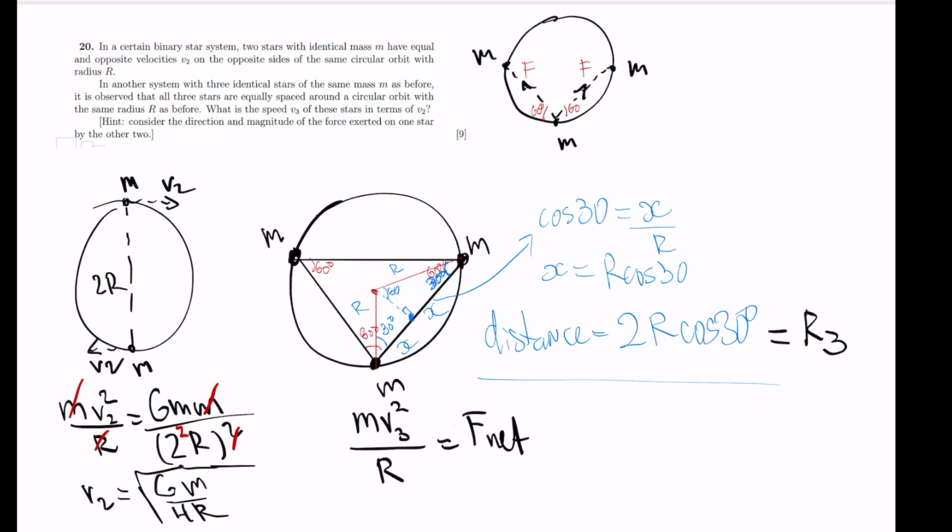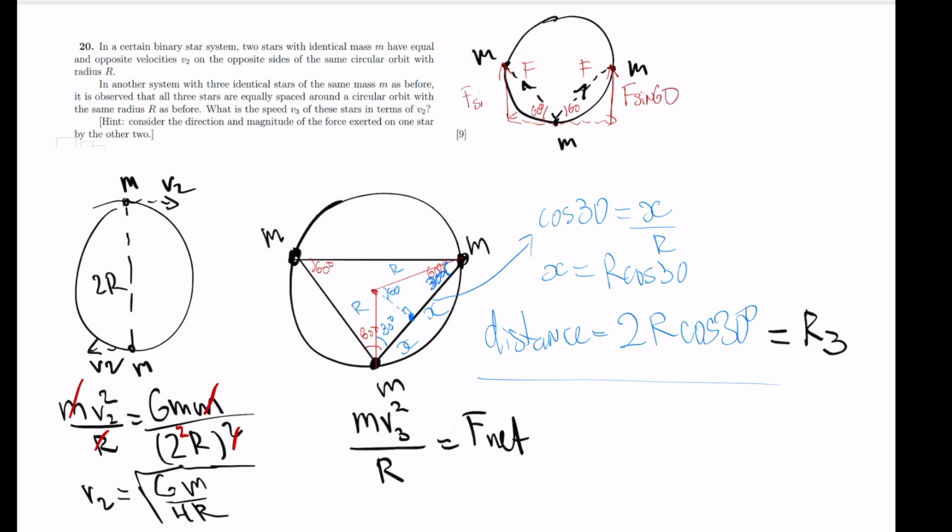So notice something. The horizontal components are just going to cancel out. It's always useful to use symmetry in this case. And if the horizontal components cancel out, then the net force will be given by twice the vertical component, which, if this angle here is 60 degrees, then the vertical component will be F sine 60.